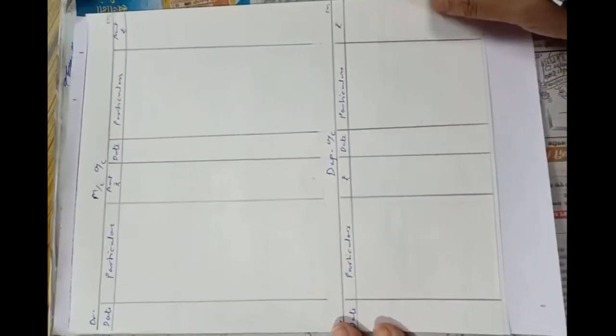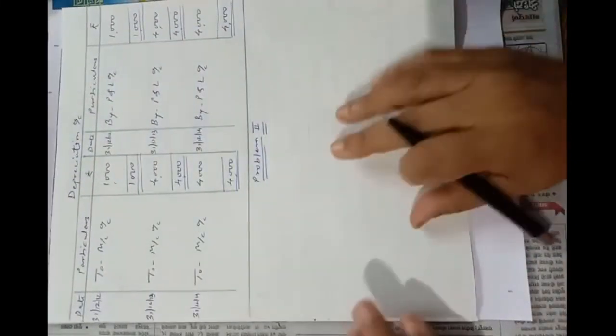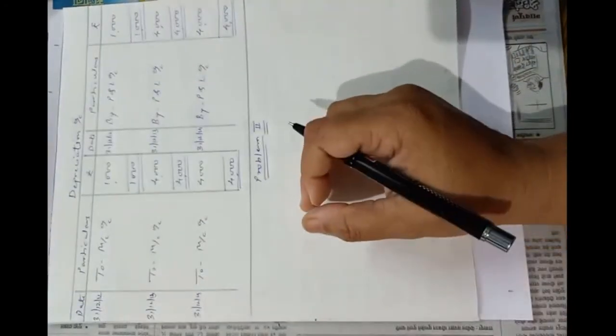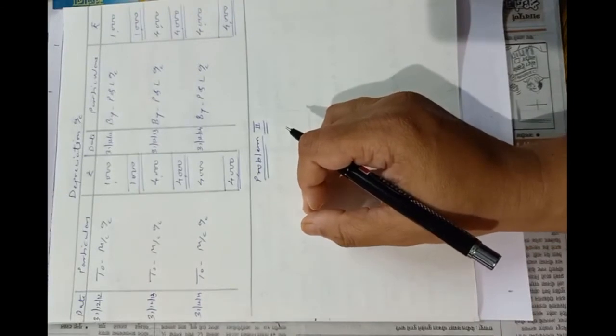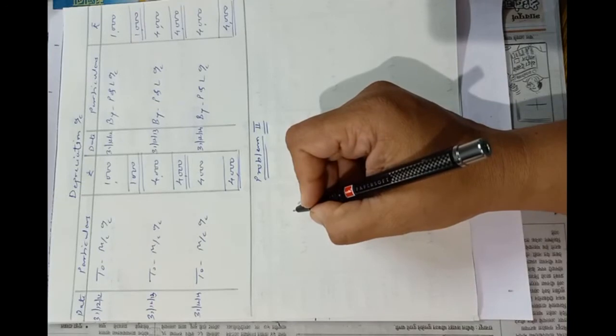Now in this second problem we will prepare machinery and depreciation account here, and here I have space remaining, so we will solve the working here. Okay, so see the problem. We have studied the problem already.